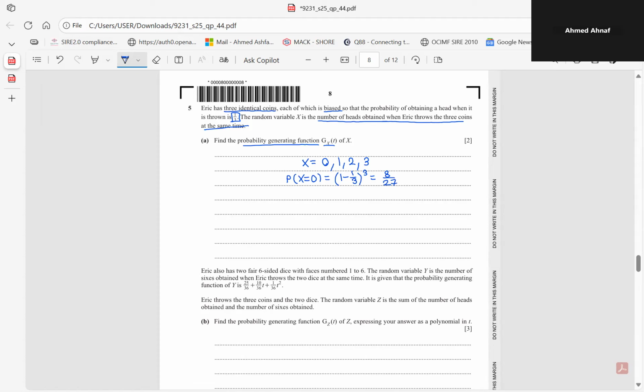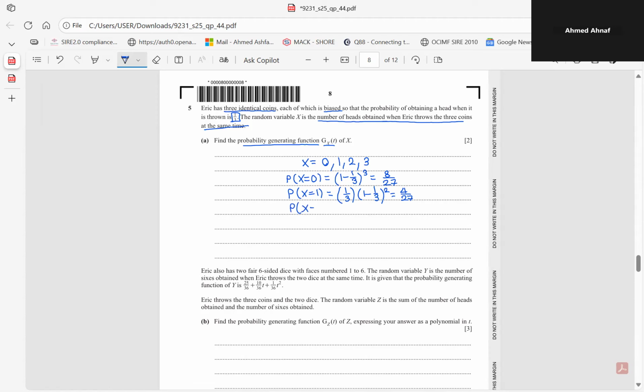P(X=1) means only one head, so 1/3 times (1 minus 1/3) squared, only two coins have tails, so 1/3 times 2/3 squared, you get 4/27.